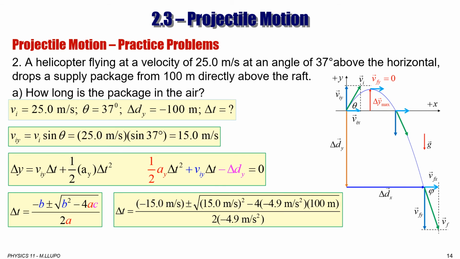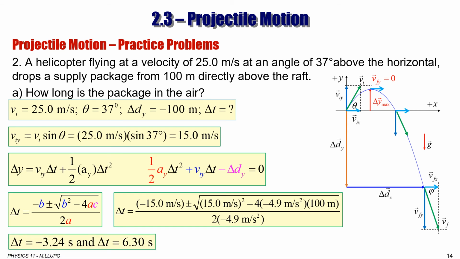So delta t is equal to minus 15 meters per second plus or minus the square root of 15 meters per second, all squared, minus 4a, which is minus 4.9, and delta dy, which is minus 100, that means plus 100, divided by 2 times minus 4.9, which is a.